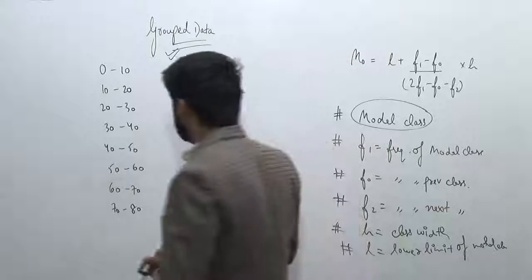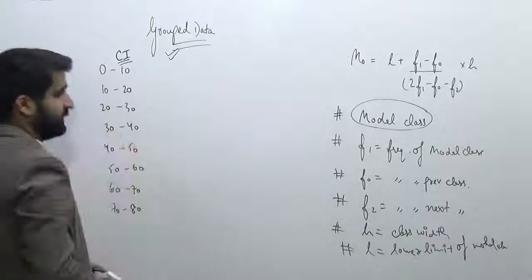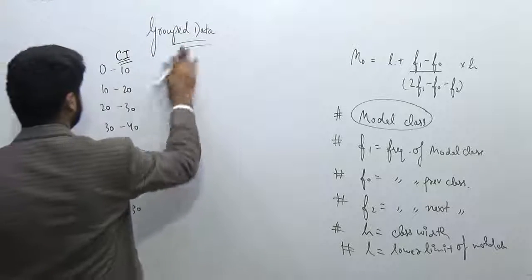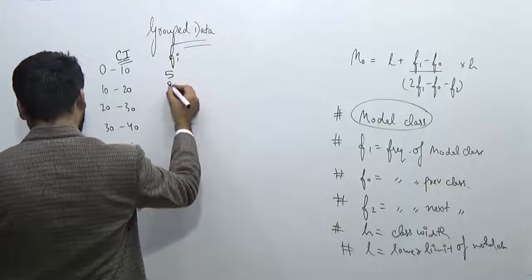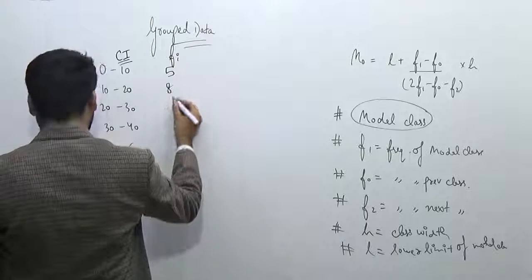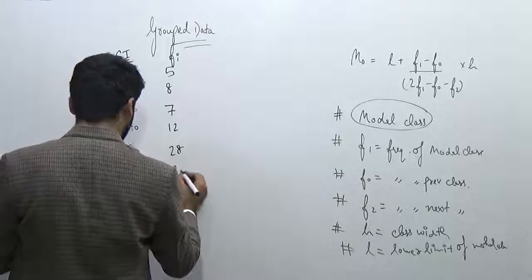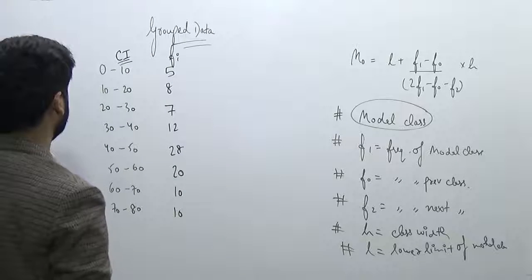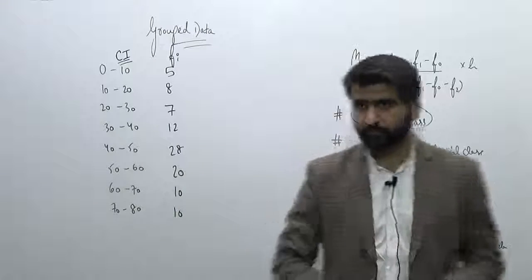Sorry. These are the class intervals. Okay, this one is better. The frequencies are also given: 5, 8, 7, 12, 28, 20, 10 and 10. So these are the frequencies and this is the formula.